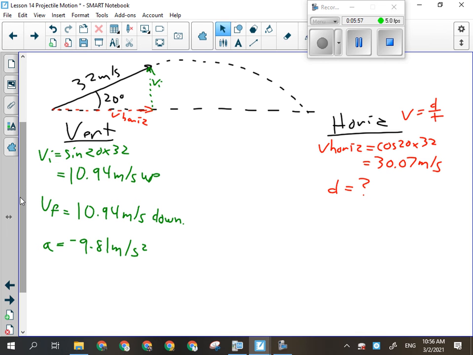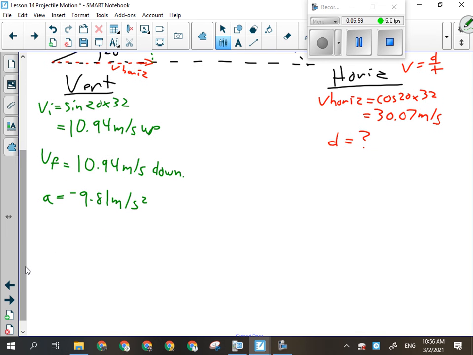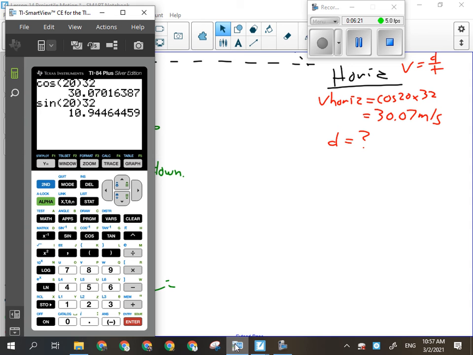I'm going to find the time by going VF minus VI over A, just manipulating our science 10 acceleration formula for t. So that'll be negative 10.94 minus 10.94 divided by negative 9.81. I'm just going to take that number and multiply it by 2 and then divide it by 9.81. It's the same thing.